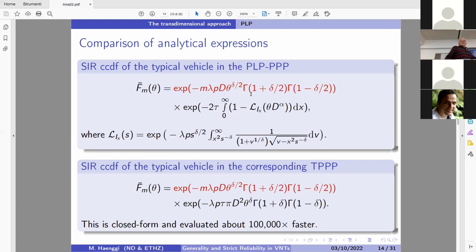So now we can say, even though we don't have a good model for 6-way intersections, if we did, we knew what the transdimensional version would look like. If we want to analyze Place d'Italie, which has 10 streets going out, we put M equal to 10, and immediately we have a result for a vehicle at a 10-way intersection in the transdimensional version, even though the underlying street system does not really exist.